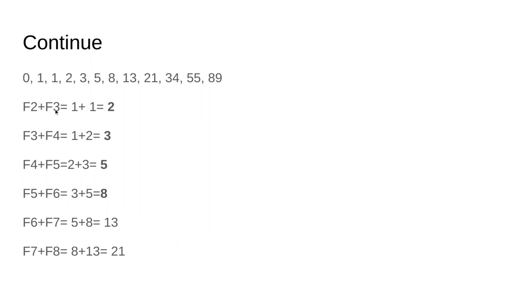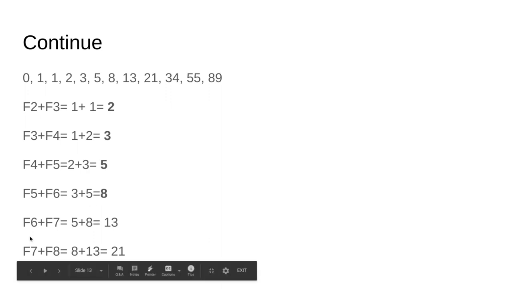F2 plus F3 equals 1 plus 1 equals 2. F3 plus F4 equals 1 plus 2 equals 3. F4 plus F5 equals 2 plus 3 equals 5. F5 plus F6 equals 3 plus 5 equals 8. F6 plus F7 equals 5 plus 8 equals 13. F7 plus F8 equals 8 plus 13 equals 21.